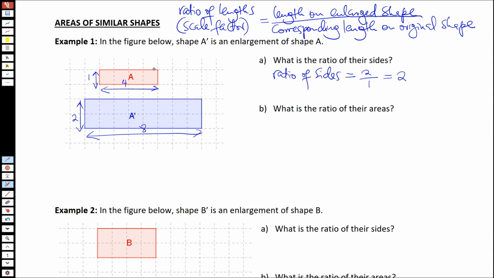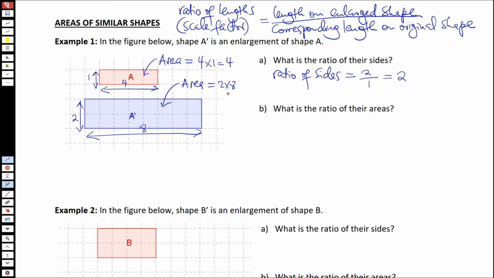So the area of this one here is 4 units, and the area for this is 2 multiplied by 8. Actually, this is 4 multiplied by 1, just in case you want to.